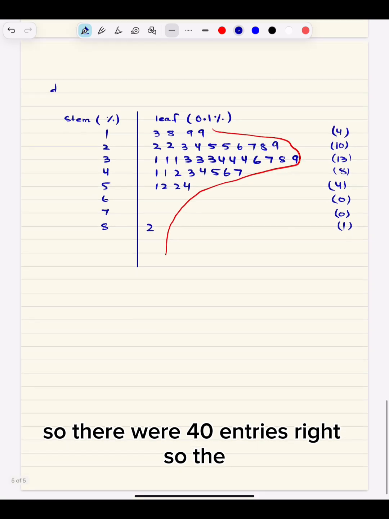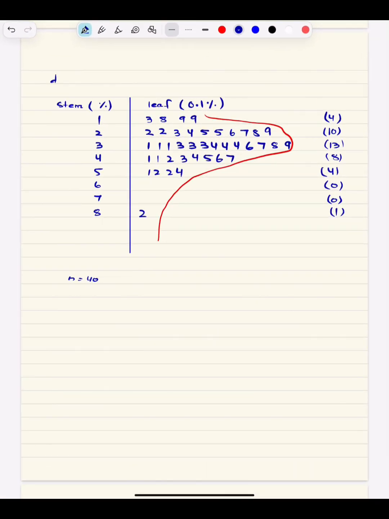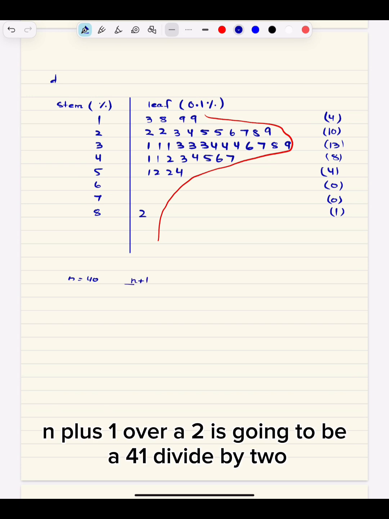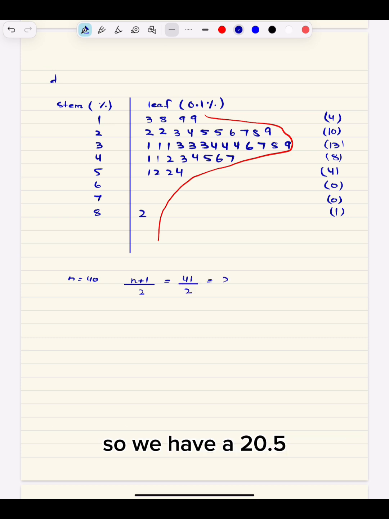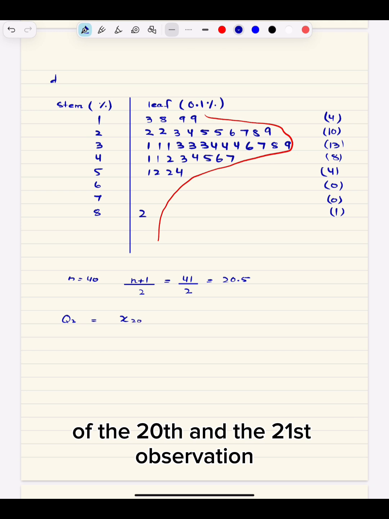So since n is equal to 40, then (n plus 1) over 2 is going to be 41 divided by 2, so we have 20.5. So the median is going to be the average of the 20th and the 21st observation.